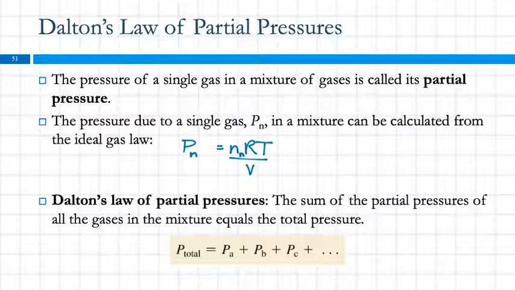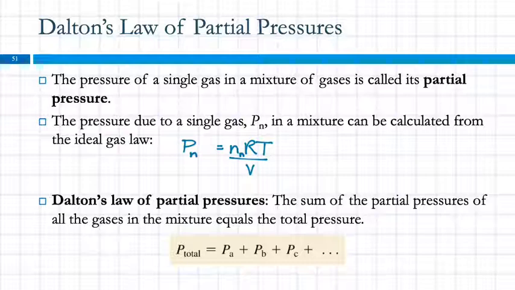Now, in a gas mixture, the temperature of all the gases is the same because it's one sample, right? So all the temperatures are the same, and the volumes are all the same. What's different is the number of moles and the individual pressures that they exert.